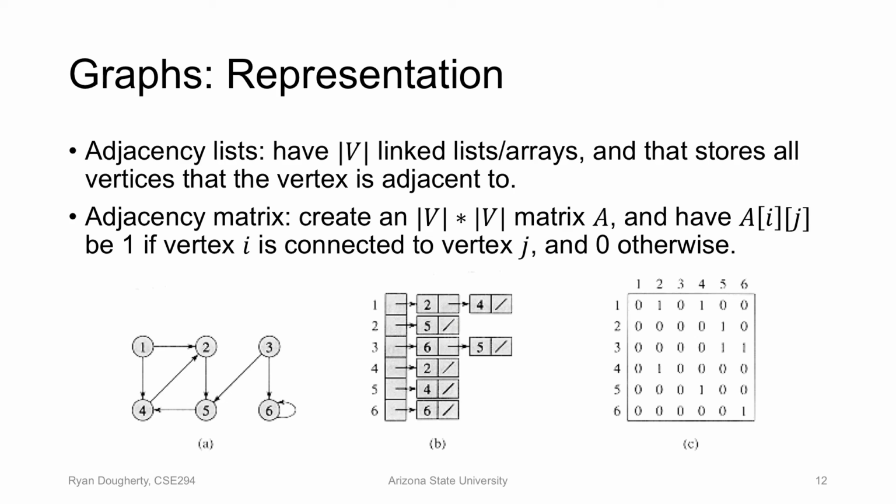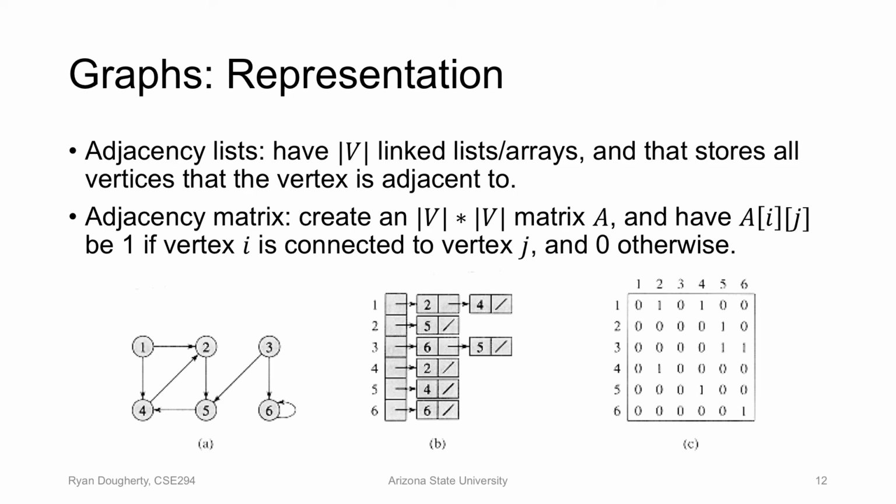So there are pros and cons of each. Well, the pro of using the adjacency matrix is that it's a lot easier to look up, right? Because array lookups happen in pretty much constant time. I just specify the index of the row and the column, and I get the value right away.